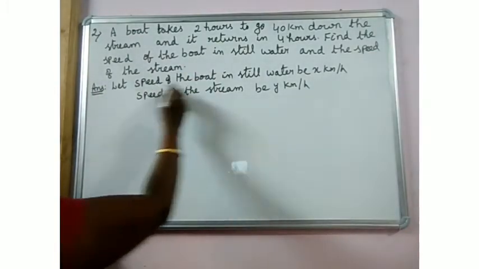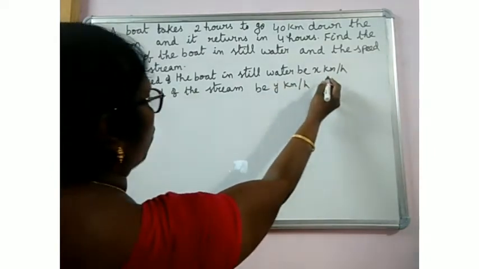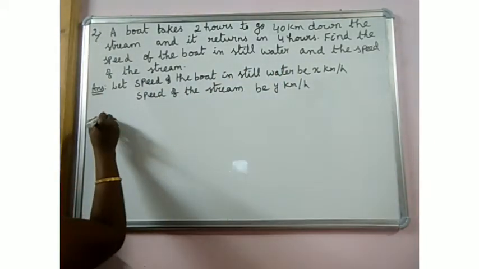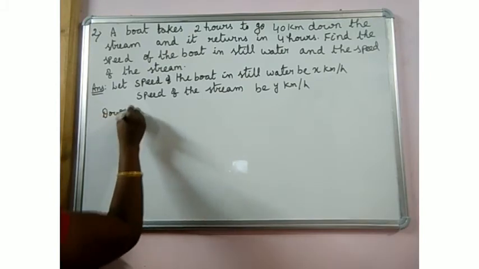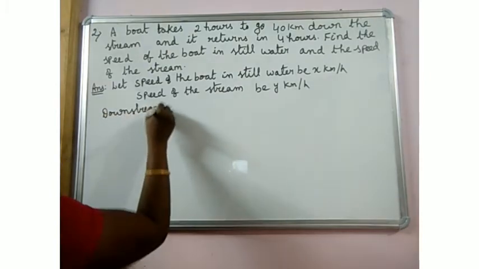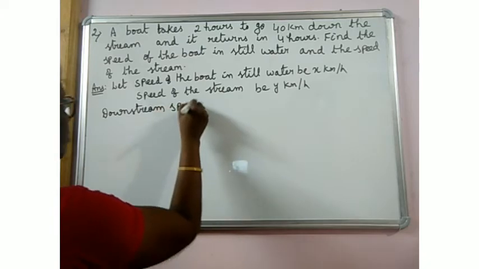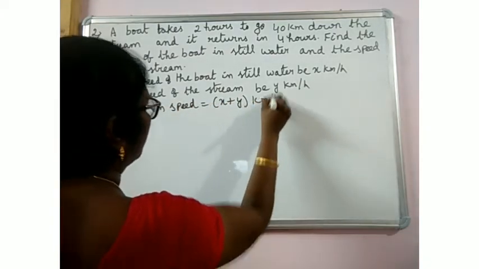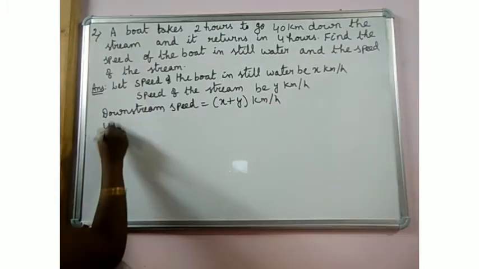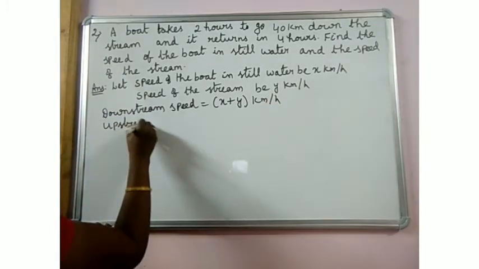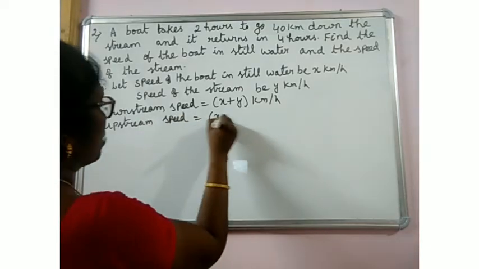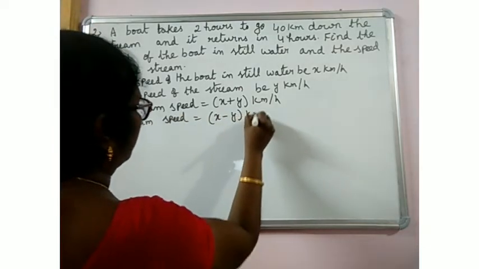So, when we take speed of the boat in still water as x kilometer per hour, speed of the stream is y kilometer per hour, downstream speed is x plus y kilometer per hour, upstream speed will be x minus y kilometer per hour.